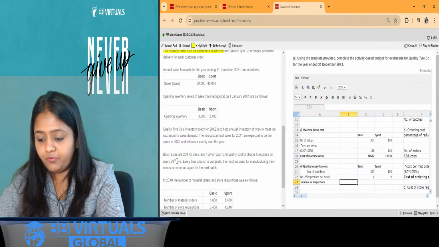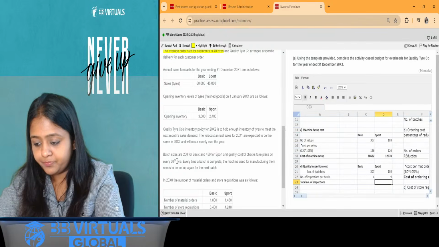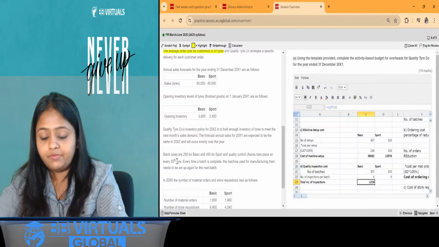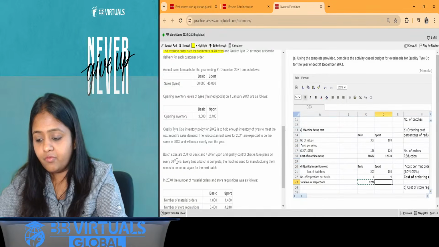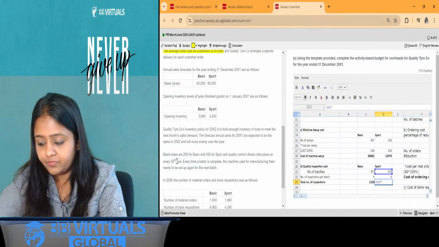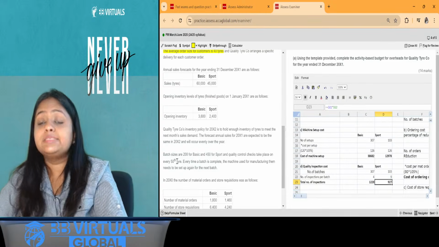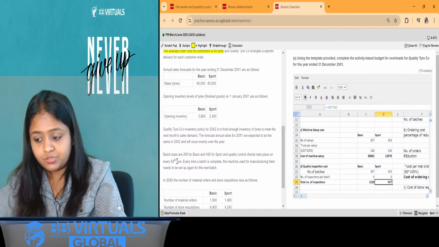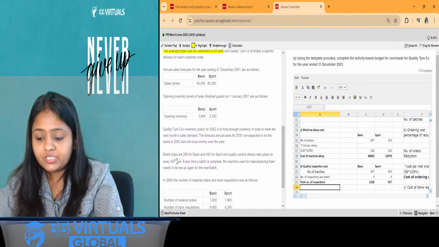So total number of inspections will be this multiplied by 4. So totally we require 1228 and 927 inspections. Even control C in formula does not work, remember it. Okay, so these are the total number of inspections required.